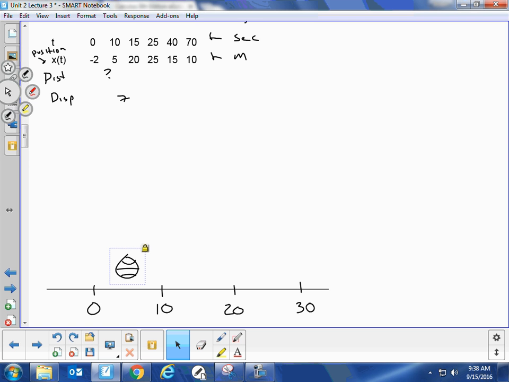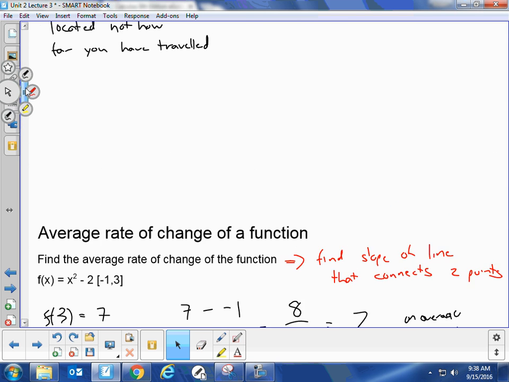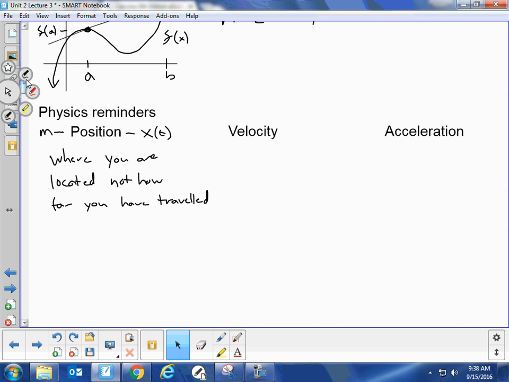Very important. Now, what we will use is our position to help us find velocity, because we know velocity is not necessarily distance divided by time, but it's displacement divided by time.